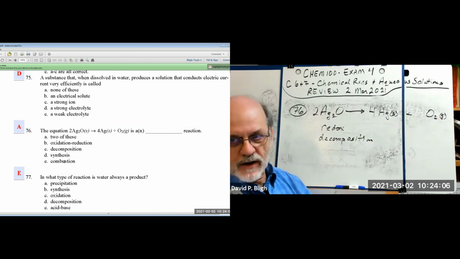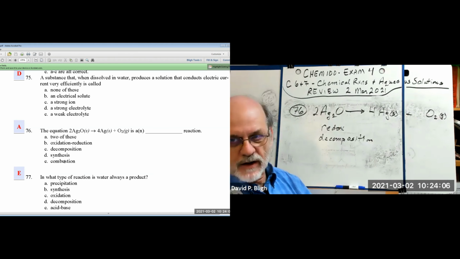So this is going to break apart into 2 sodiums in solution and 1 carbonate in solution, 1 magnesium in solution, and 2 chlorides in solution.